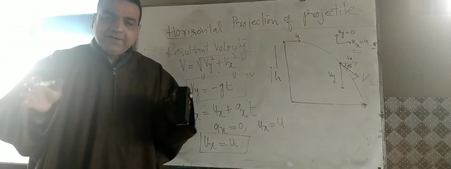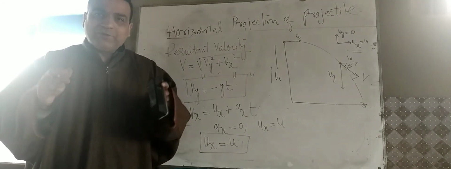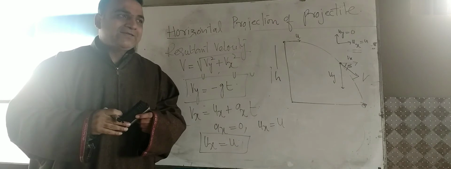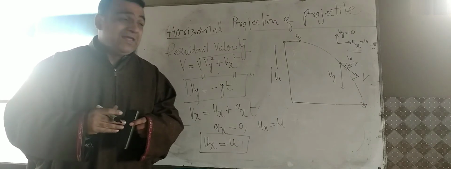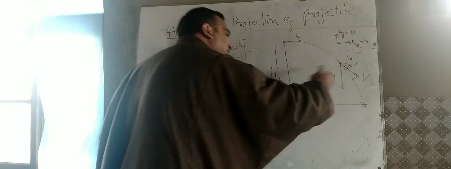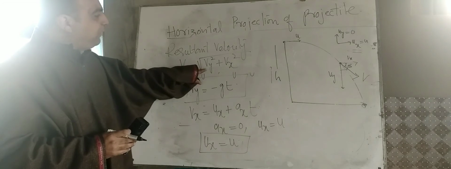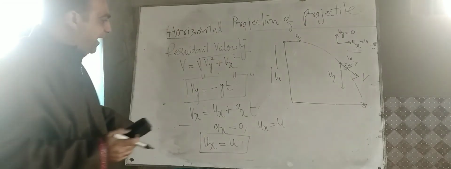Of course, it is Vx squared plus Vy squared plus twice VxVy cos theta, but theta here is 90 degrees. So cos 90 is 0. That's why the resultant velocity will be the square root of Vy squared plus Vx squared.